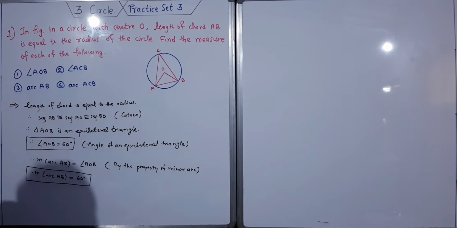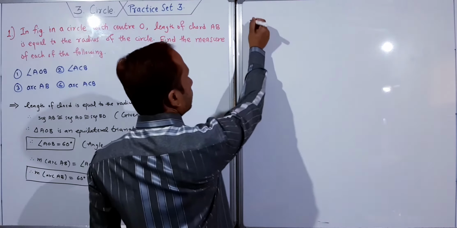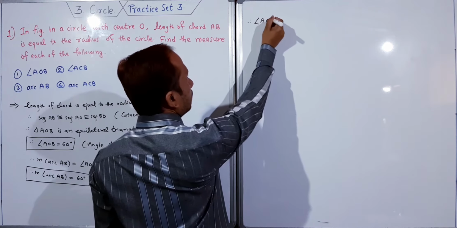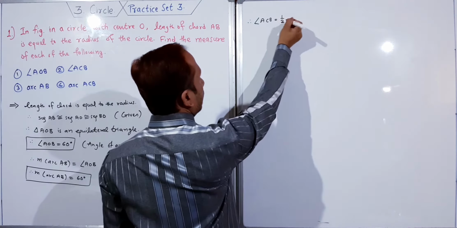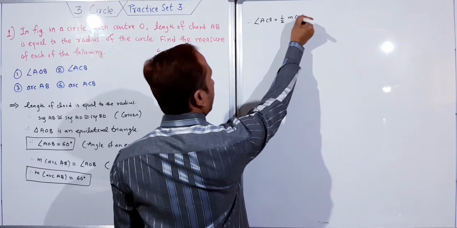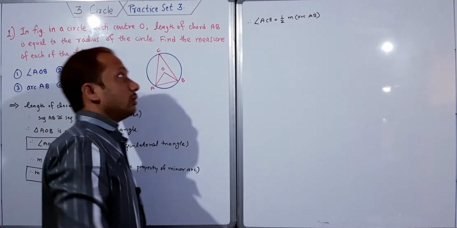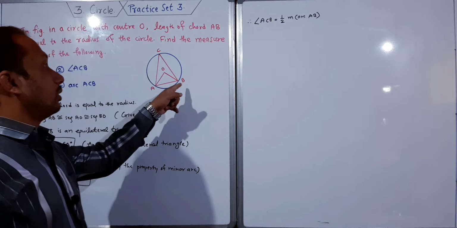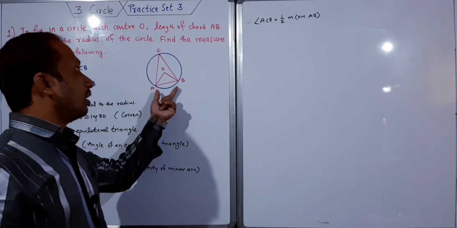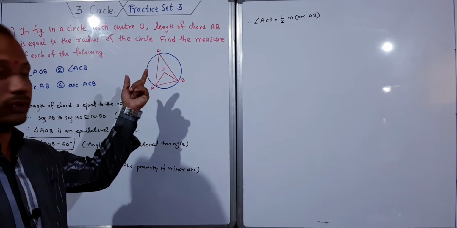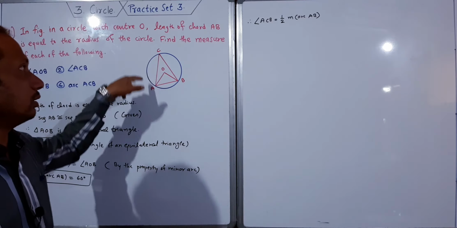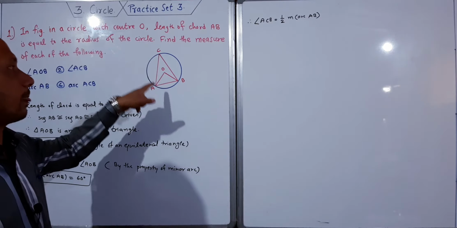Now come to ACB. Therefore angle ACB is equal to 1/2 measure of arc AB. This is the inscribed angle theorem. This angle is inscribed, and this arc is intercepted in this angle.